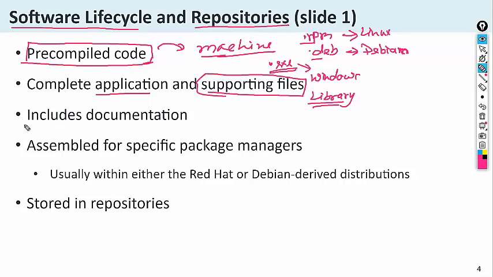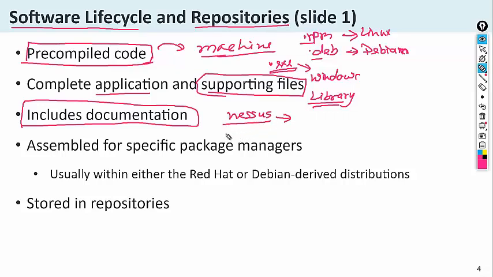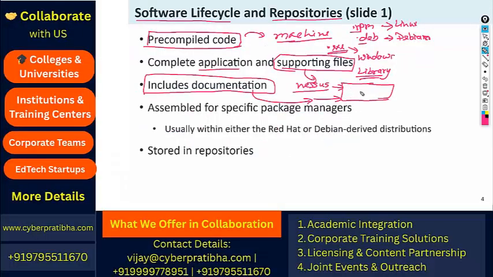And there is also documentation that exists in the same software. It means if you are installing the Nessus software, Nessus will install, its supporting files will install, and also the documentation will be stored on the target machine or installation machine where you are going to install the software.